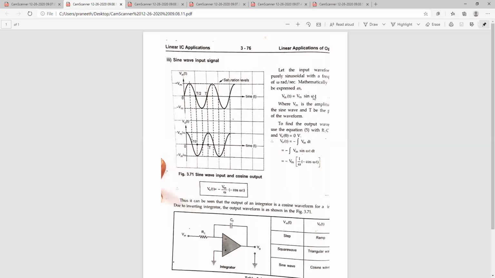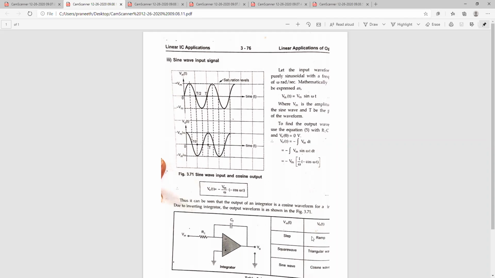If I integrate Vm sine omega t, generally I will get cos. So for the sine input, the output waveform that I am going to obtain is cos wave. For sine wave input, I will be getting cosine output.